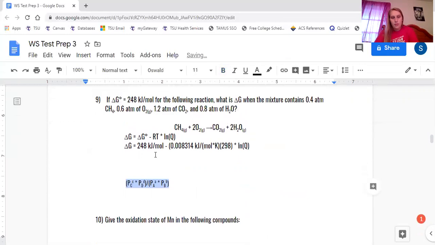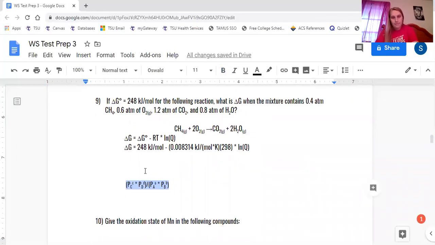But instead of putting like this, we would have put in these different things. So like this would be CO2 to no power because it doesn't have anything in front of it. And then we would have this would be H2O.